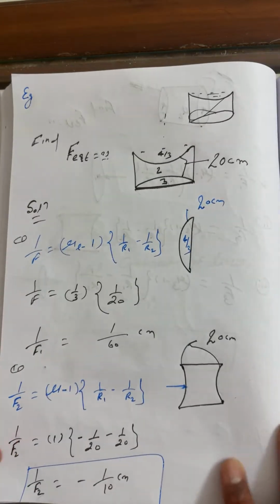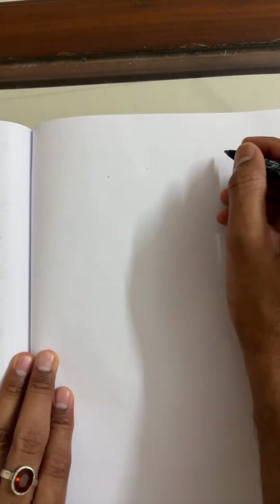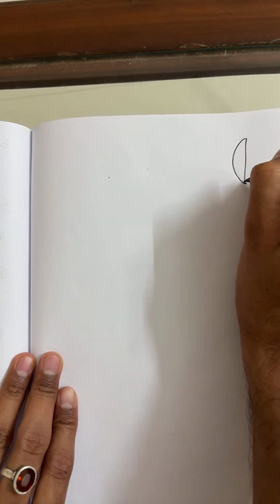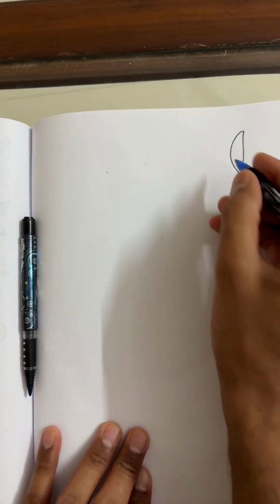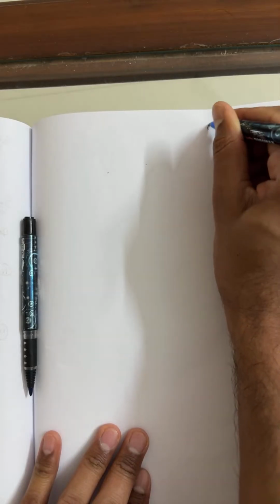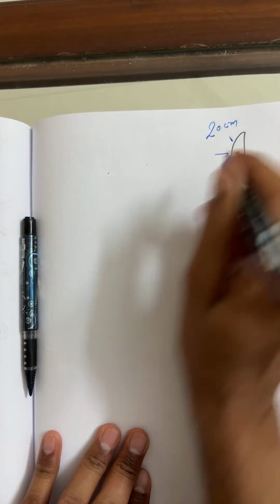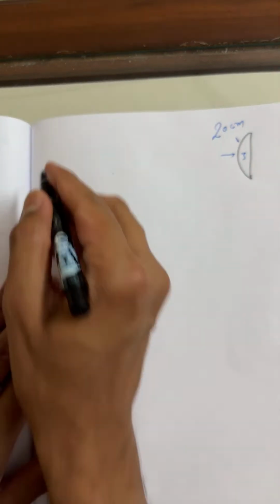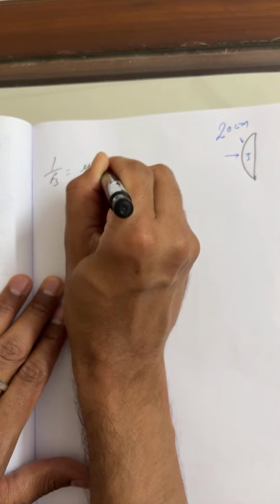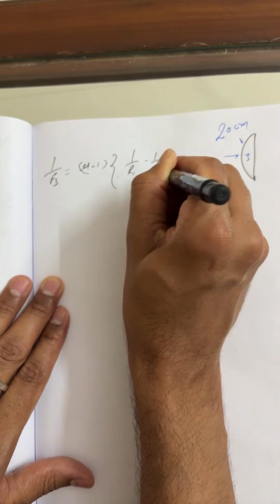So this is right, F2. Again, we have to find F3 also. So for F3, again here I'm considering from here only. So this is what, students? It's 20 centimeter. It's 3. So I'll apply the formula over here only. 1 upon F3 equals mu minus 1 into 1 upon R1 minus 1 upon R2.